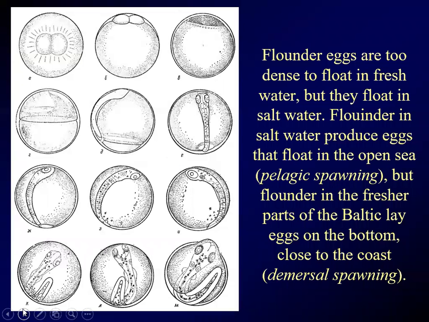Flounder eggs won't float in fresh water, but they will in salt water. It's a density thing. Flounder eggs are just too dense to float. This, by the way, shows stages in the embryonic development of a flounder.